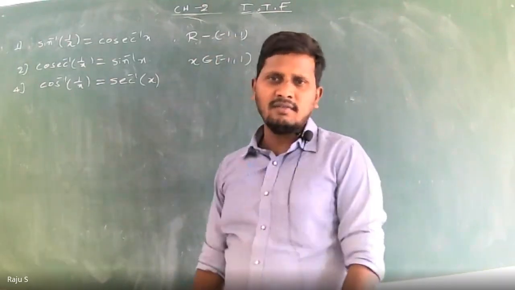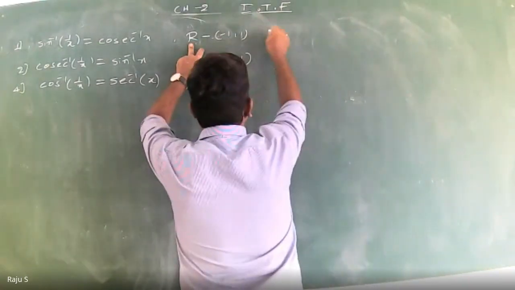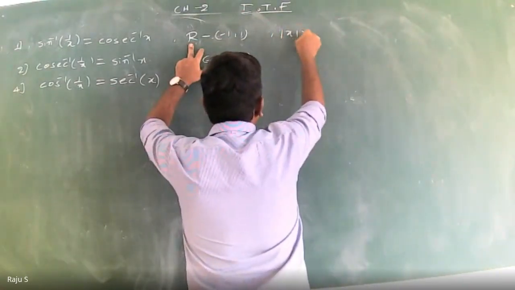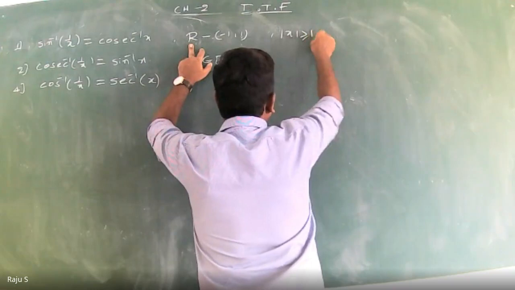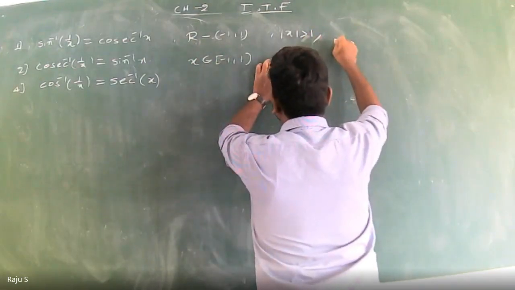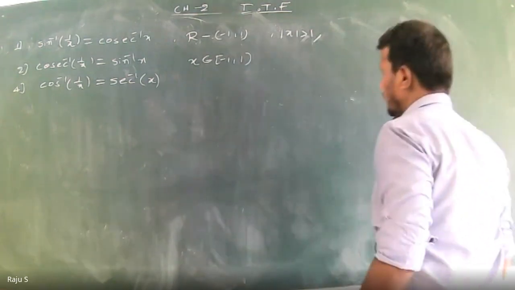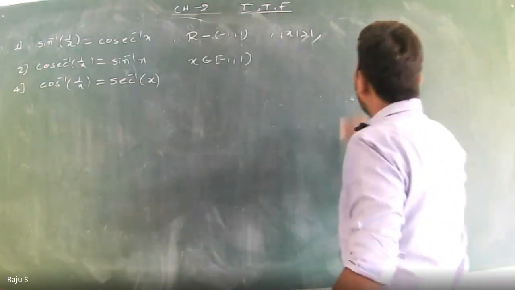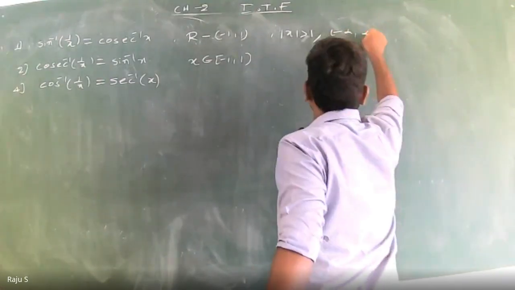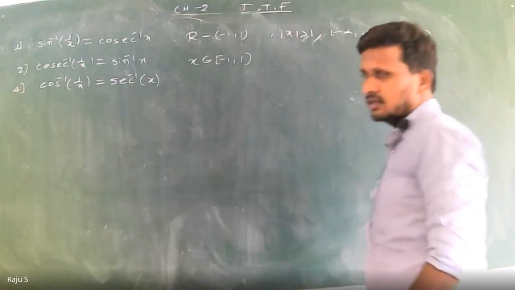We can write in many ways. Either you may write R minus (-1, 1), or else mod x is greater than or equal to 1. Sorry, greater than 1. Or else here we can write, in these two ways. Otherwise, minus infinity to infinity minus (-1, 1). Three ways we can represent.